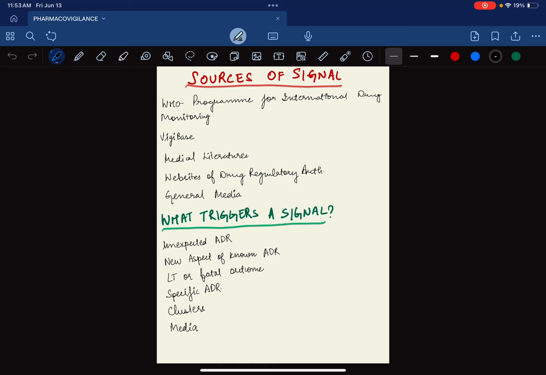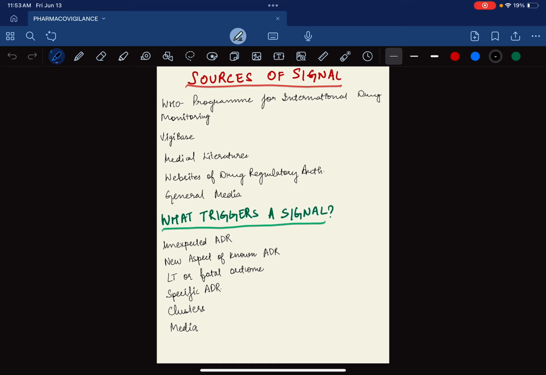The other thing is a life threatening or fatal outcome. Now, if a person takes a drug, knowing that it does not have any fatal effects on anyone, but a death is encountered after taking the medicine, then this triggers a signal, which is a major signal since it is leading to the death of the patient.